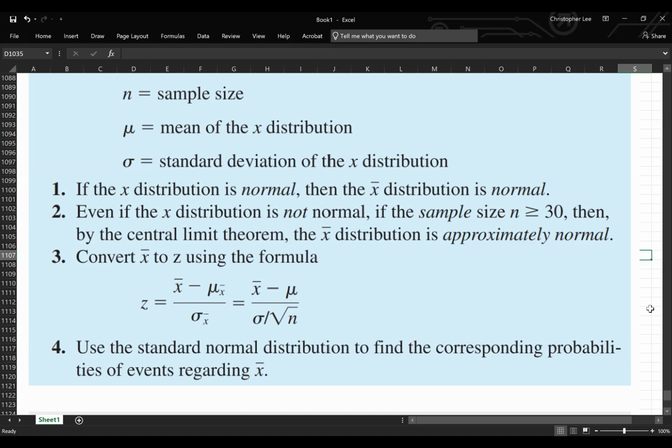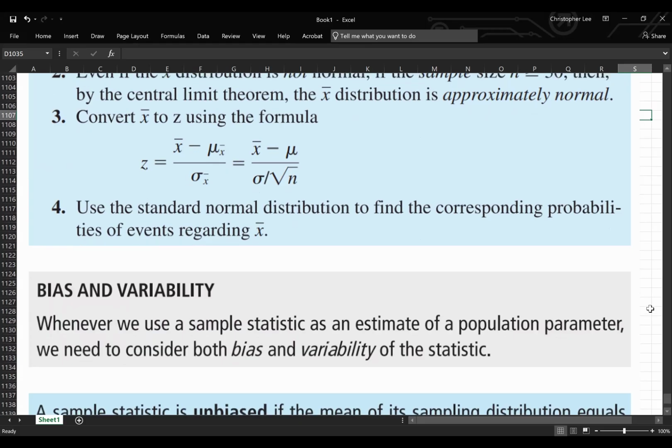Step 4, use the standard normal distribution to find the corresponding probabilities of events regarding the sample mean. All right. So let's talk about bias and variability. Whenever we use a sample statistic as an estimate of a population parameter, we need to consider both bias and variability of the statistic.